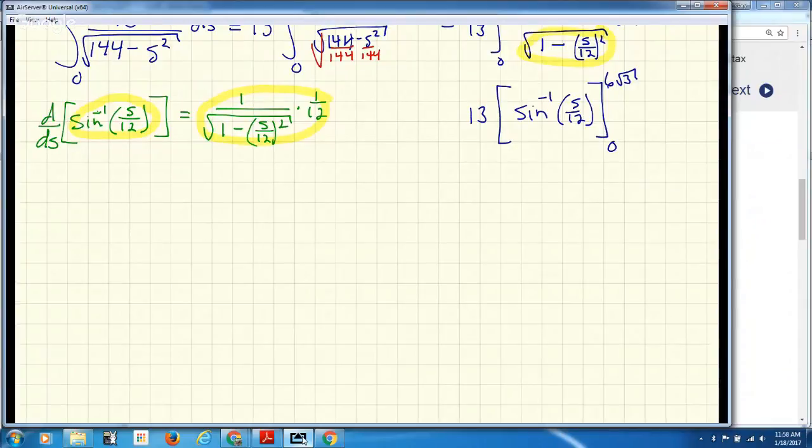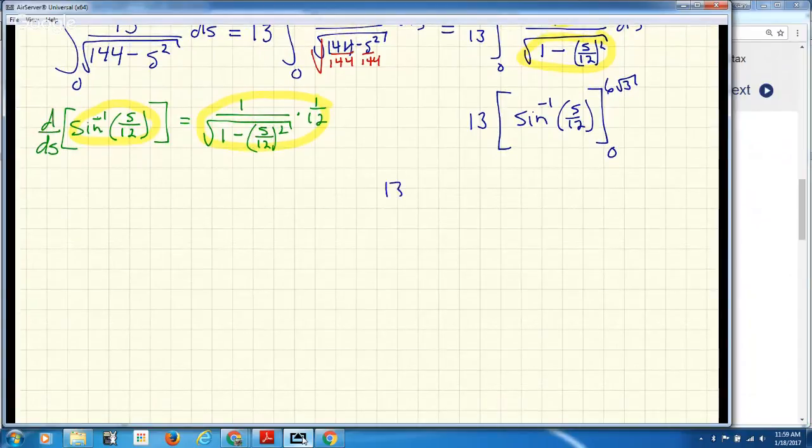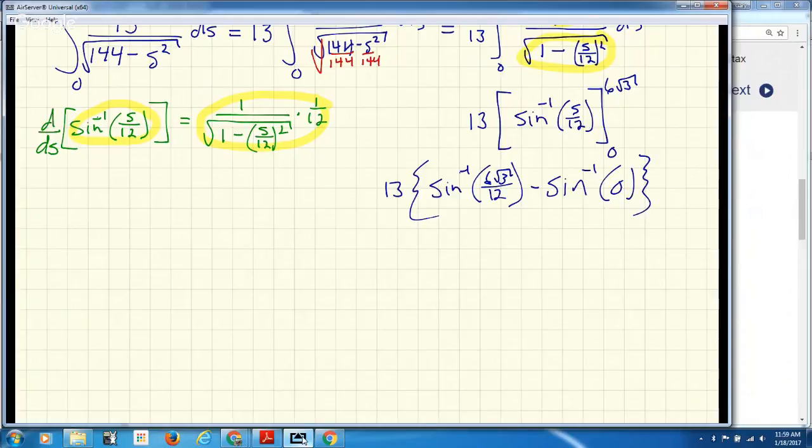All right, so now comes the fun evaluation part. So let's see, the 13's chilling out. And then I'm going to have the sine inverse of 6 square roots of 3 over 12 minus the sine inverse of 0, because the fundamental theorem part 2, the evaluation part, says once you have an antiderivative, plug in the right-hand endpoint and then subtract the evaluation of the left-hand endpoint.